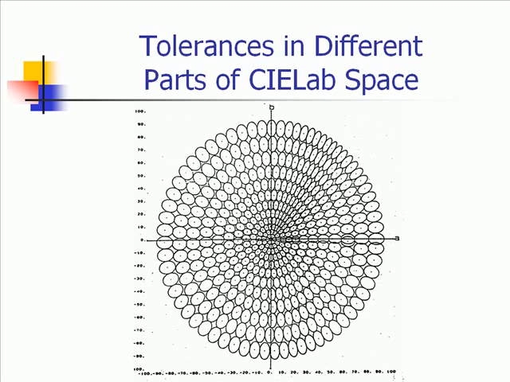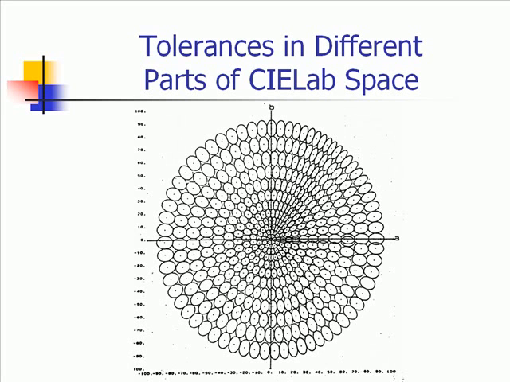We would see that they're not all the same size, and depending where you are in color space, they're different sizes. So they're different all the way around. It's not like one quadrant is a mirror image of another quadrant. They're all different. So that makes it kind of difficult to use numbers to account for that.